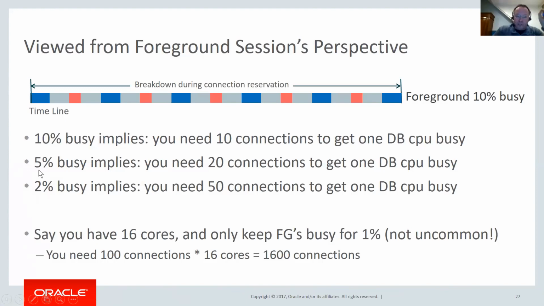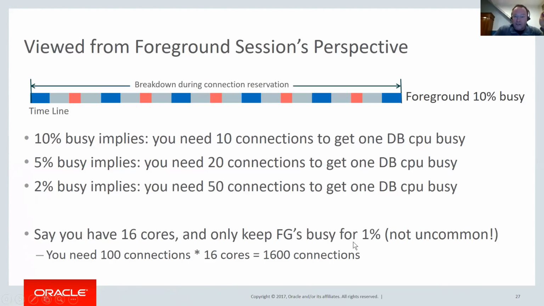If it's even worse, if your foreground process is just 5% busy, because this is longer or your network is longer or your database calls are really fast because they are row by row processes, that means you need 20 times 5, 20 connections to get one database CPU fully busy. At 2%, you need 50 connections.